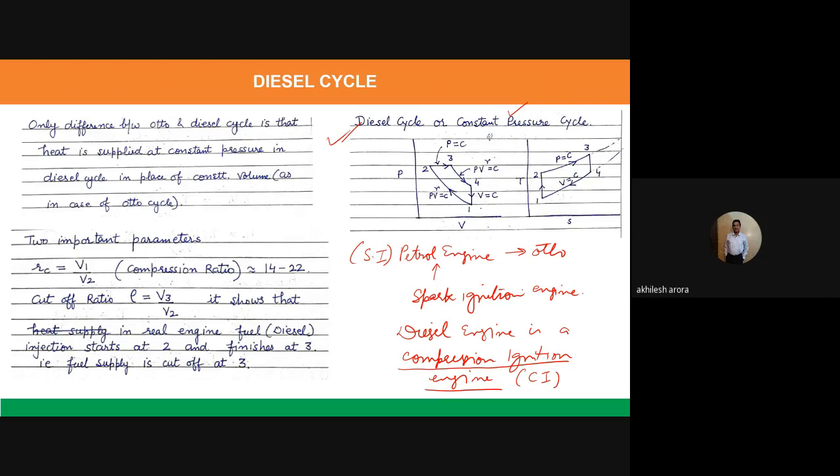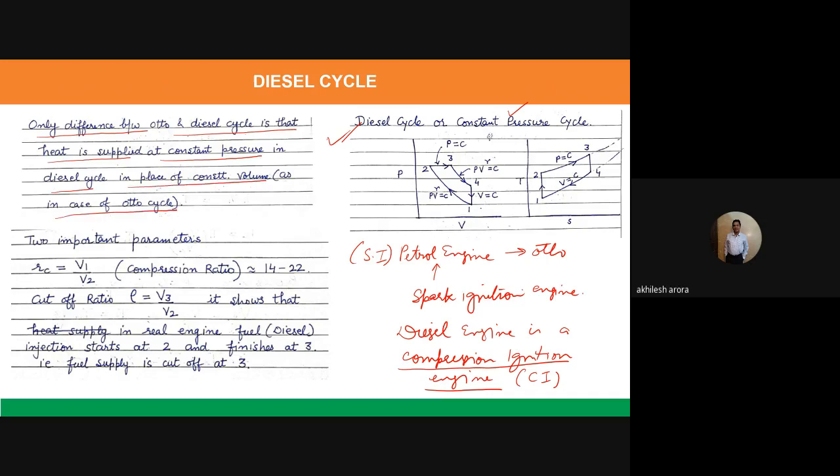Now, in the last class, we discussed the Otto cycle and we derived the expression for its efficiency. In a similar way, we are going to derive an expression for the efficiency of the diesel cycle. The only difference between the Otto cycle and the diesel cycle is that heat is supplied at constant pressure in the diesel cycle in place of constant volume as in the case of the Otto cycle.